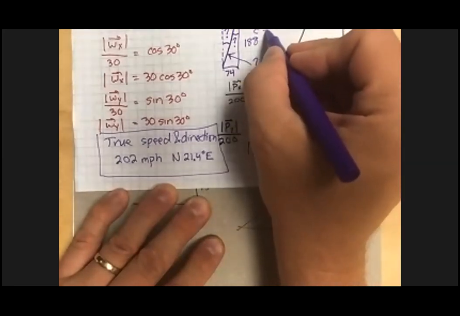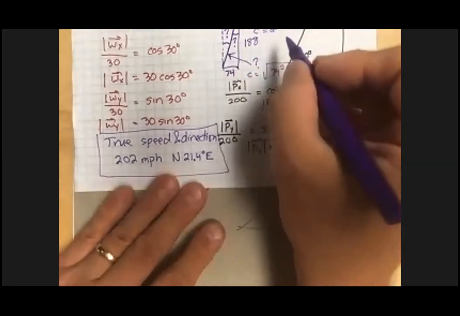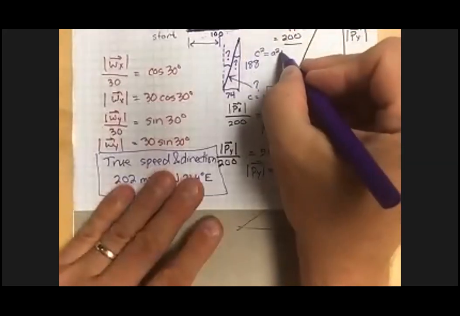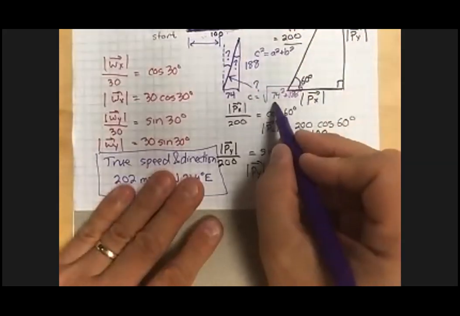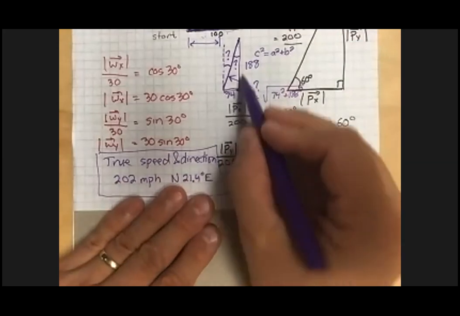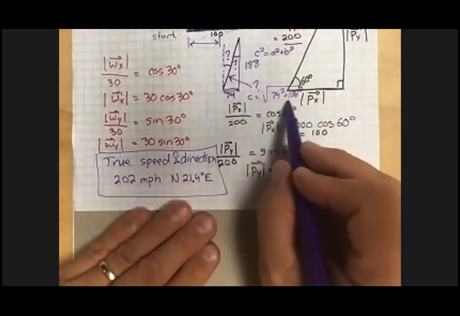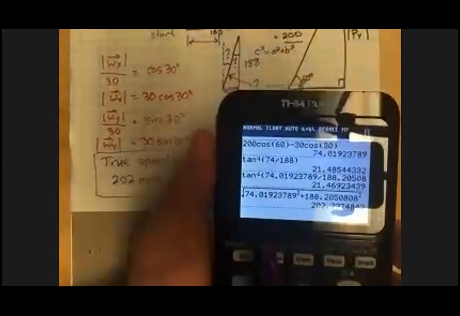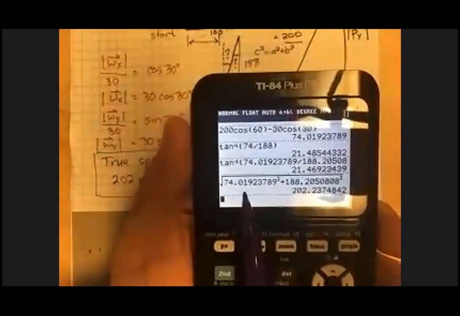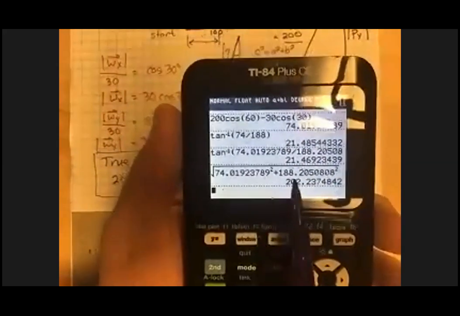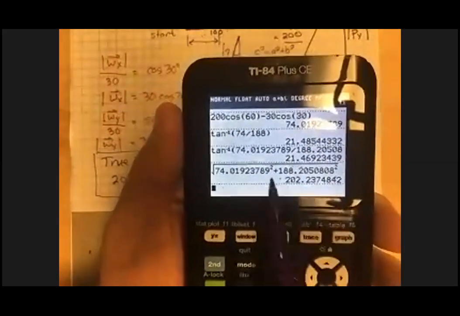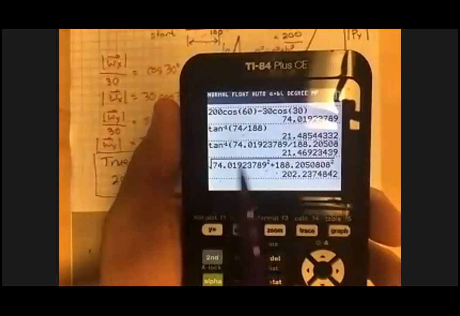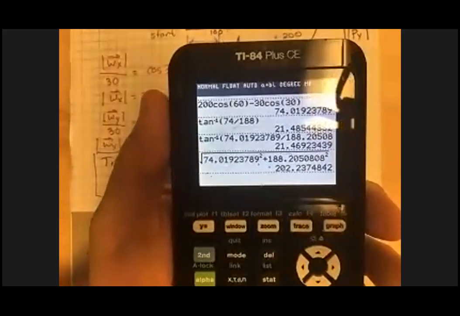C squared equals A squared, sorry, off the top, plus B squared. So I have to square the 74 and 188, but what I don't want to do is round off. So in the calculator, I went and got the full 74 and change, and I got the full 188 and change and squared them before I took the square root. So I was typing everything in once. That's a good question.